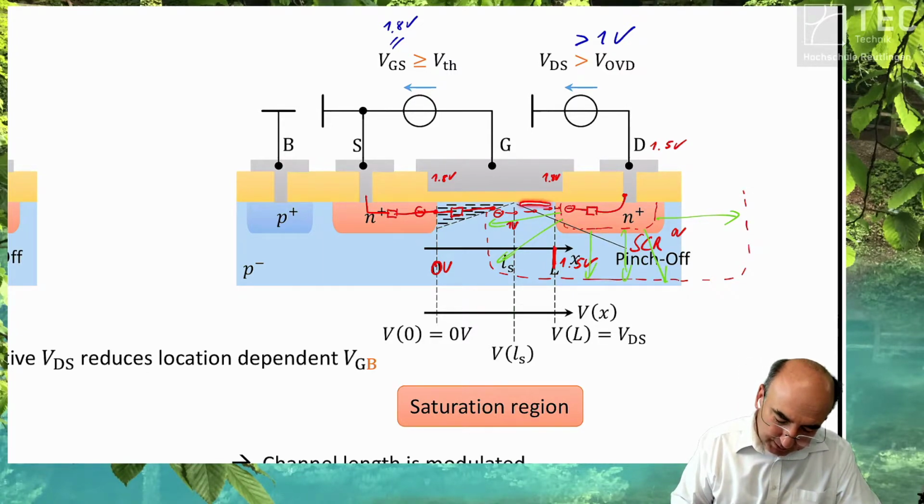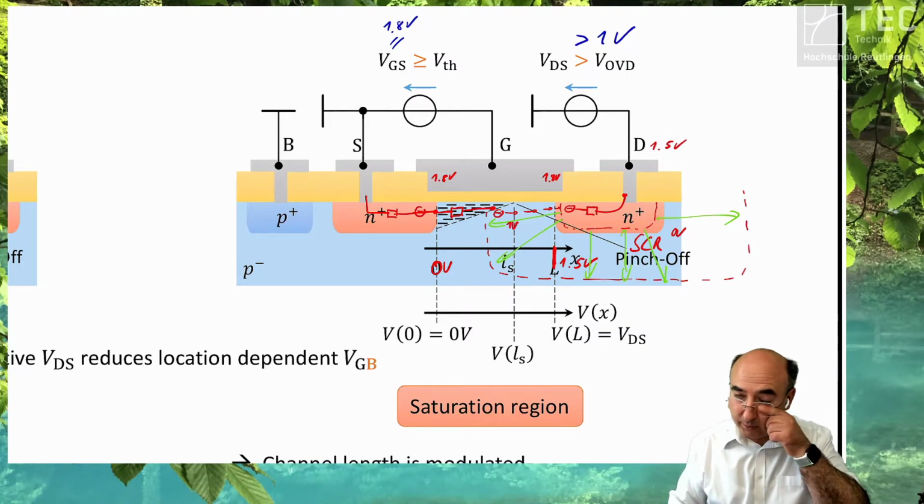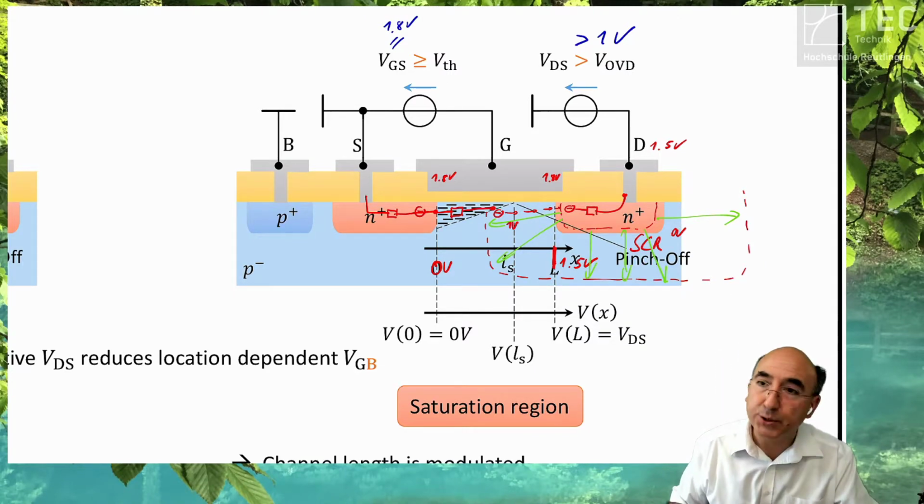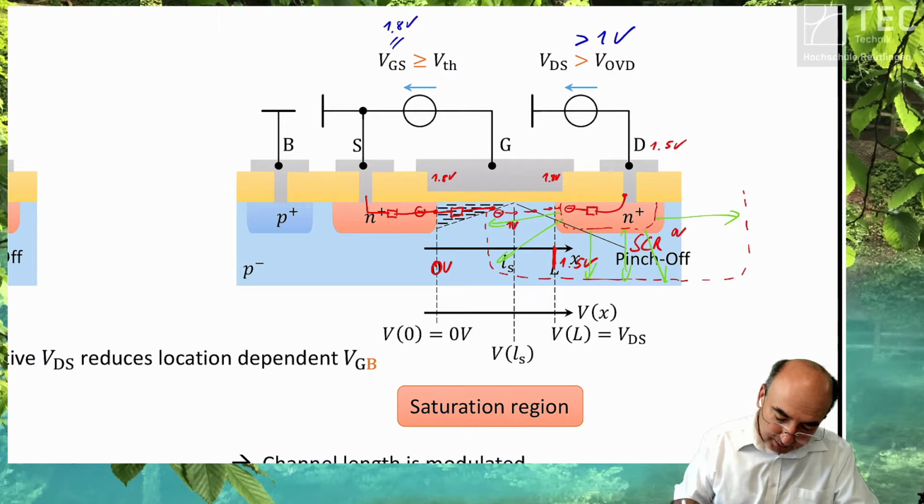But shifting this channel doesn't mean that you generally increase the current. In the first approximation, the current stays constant.